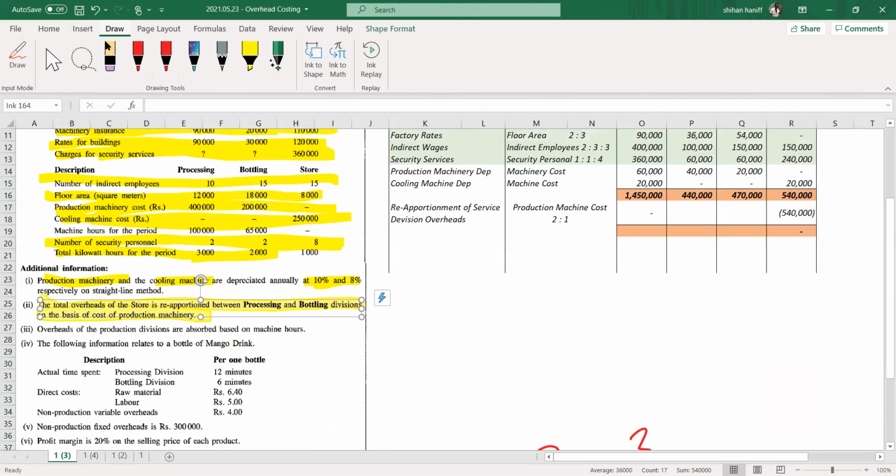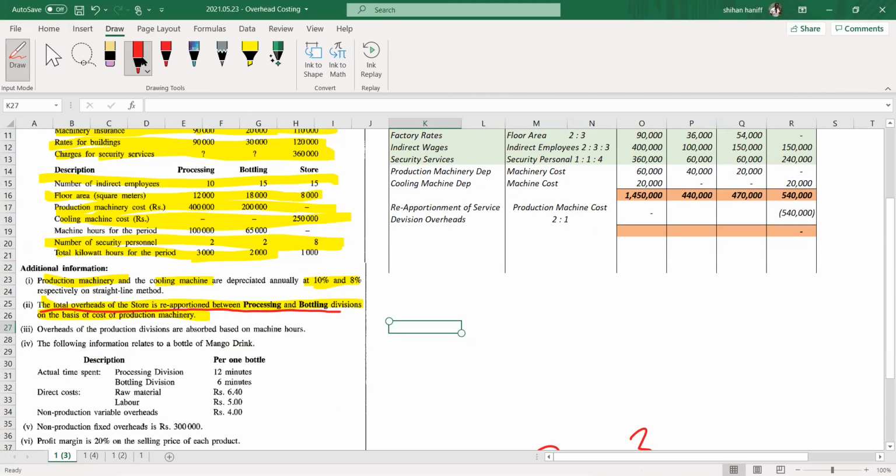The total overhead of the stores is reapportioned between processing and bottling division on the basis of cost of the production machinery. So cost of the production machinery is 2:1. Divide based on 2:1. Is it clear?